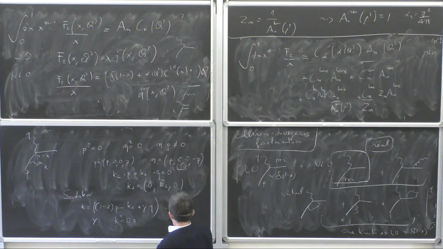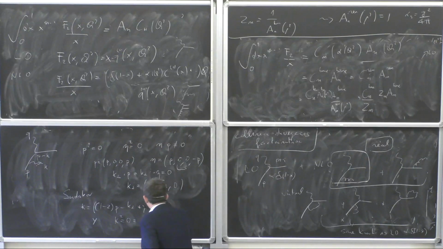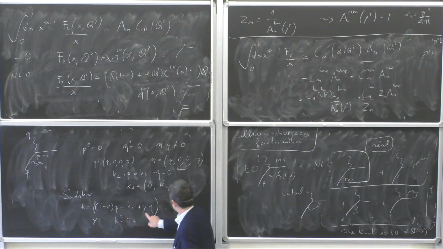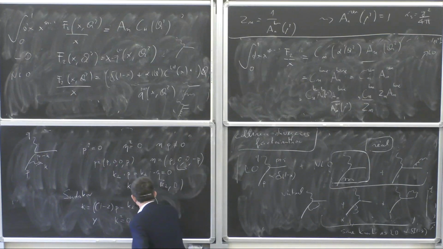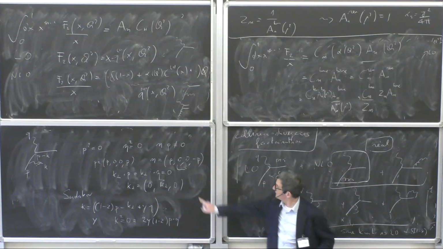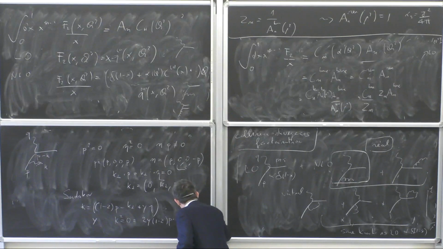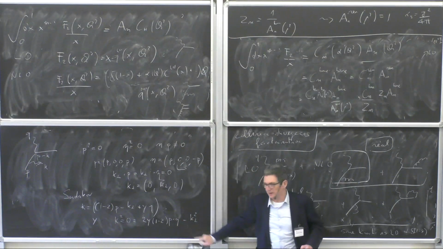right? Because k square is a light-like vector. p square is equal to 0, eta square is equal to 0, so k square is 2y (1 minus z) p dot eta, which was different from 0 by hypothesis, minus k perp square, because there is the Minkowski metric.